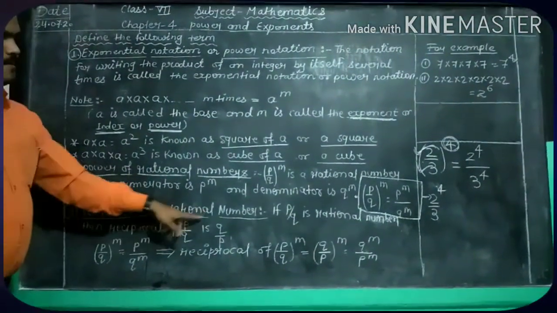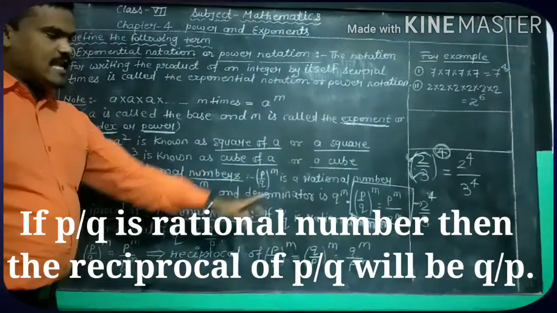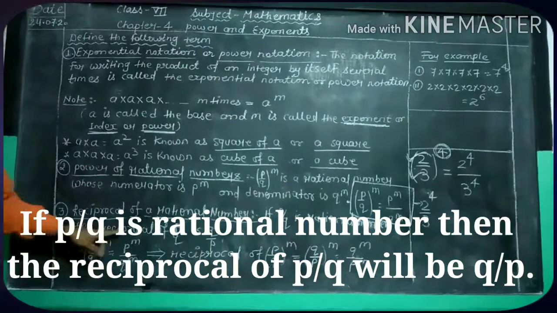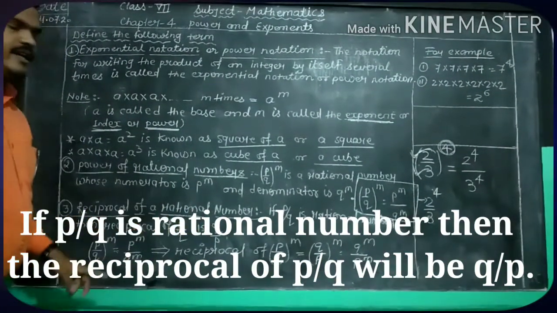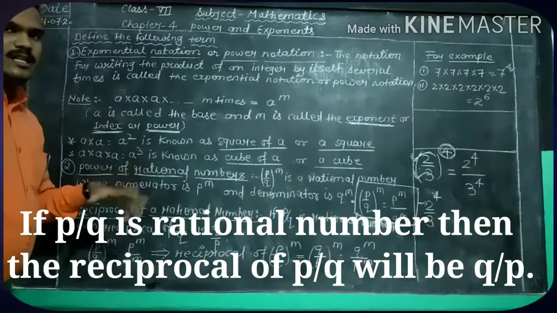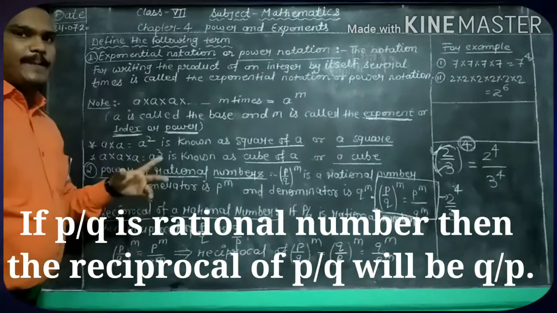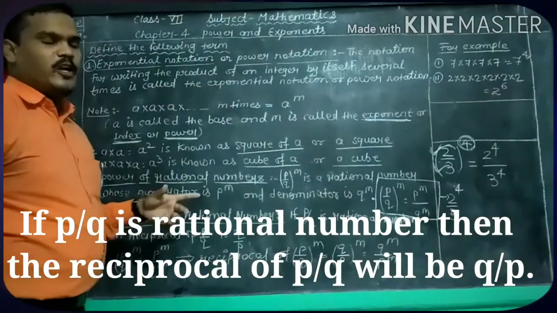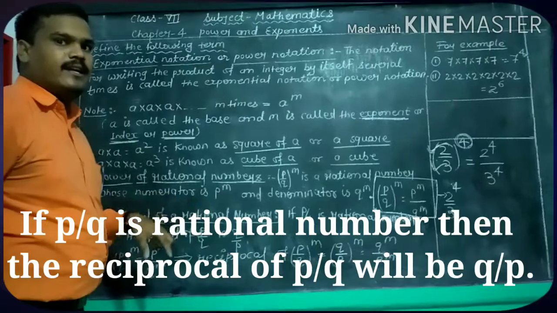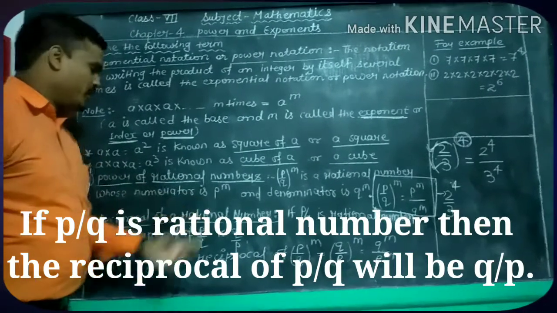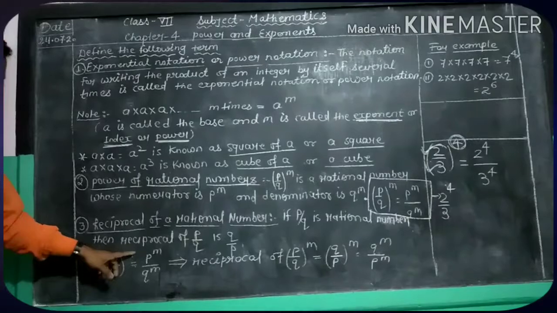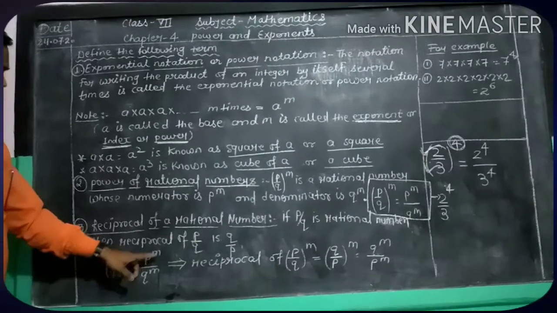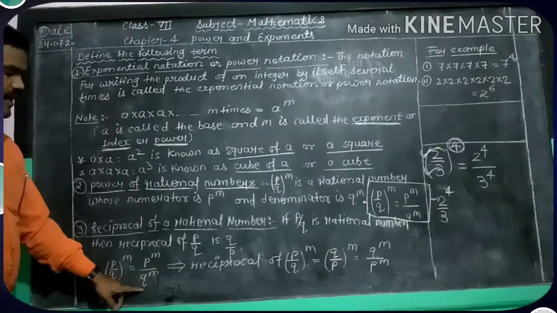Reciprocal of a rational number. If p upon q is a rational number, then the reciprocal of p upon q will be q upon p. Reciprocal means just opposite. We have to change the number. The denominator will be the numerator and the numerator will be the denominator. So just see the example: (p upon q) to the power m equals p to the power m upon q to the power m.